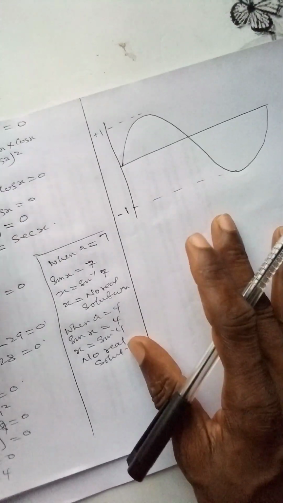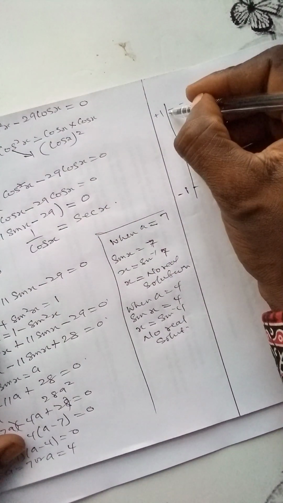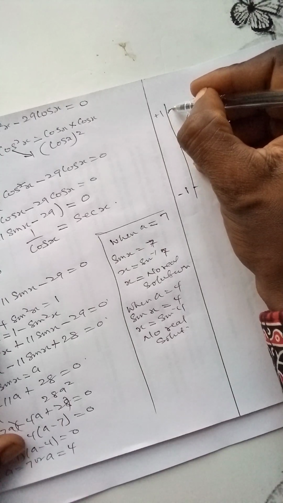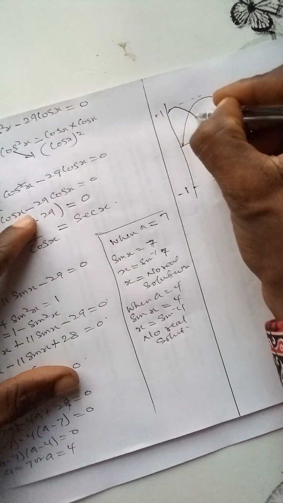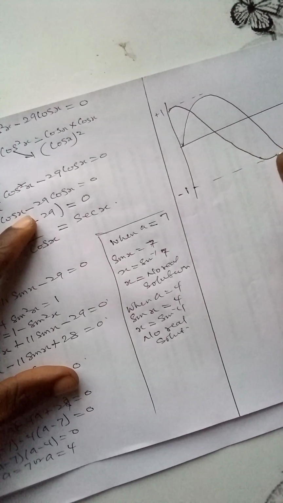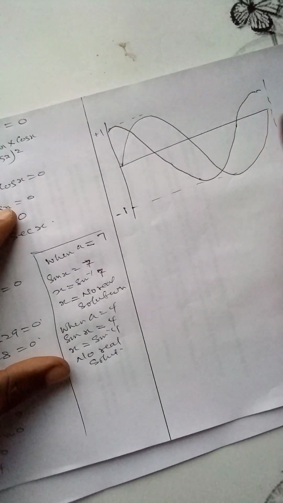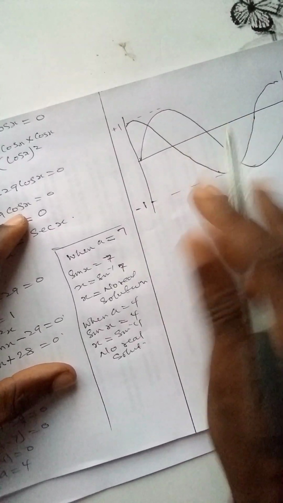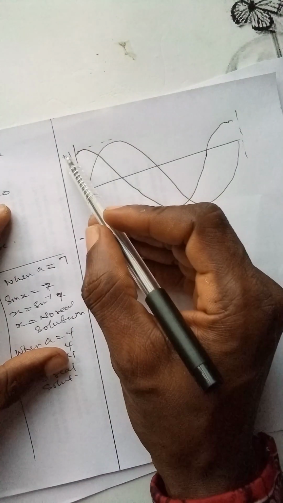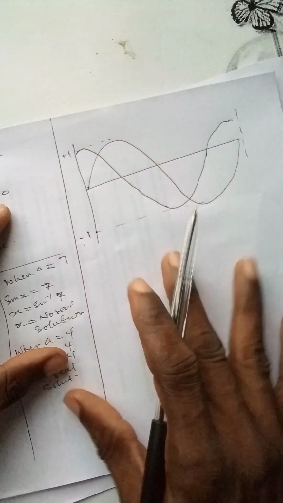If we also plot the graph of cos x, now we will have a graph like this. The maximum is also at plus 1 and the minimum is at minus 1. And then we'll end like this. So this is the graph. So for sine x, minus 1 and plus 1 are the range of value.